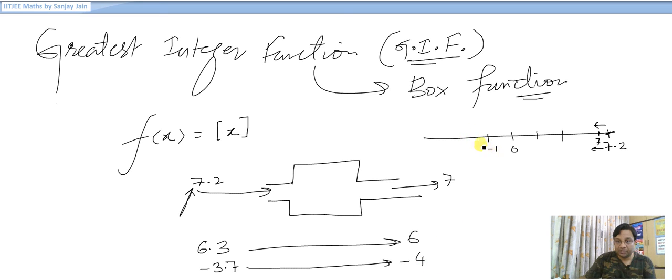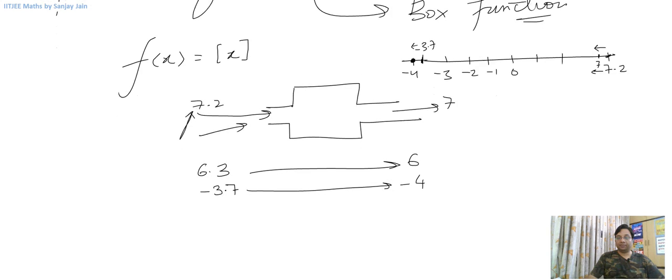Because this is minus 1, minus 2, minus 3, minus 4, and somewhere here I have got minus 3.7. So when I am putting minus 3.7 in this box function, I just need to look at the left of minus 3.7 and find the greatest integer, which is minus 4 in this case. So minus 3.7 will give me minus 4.